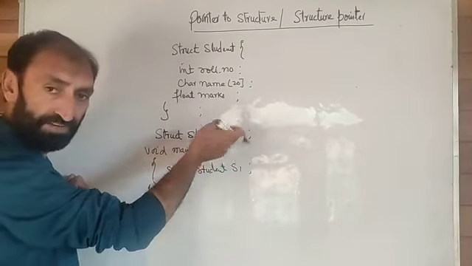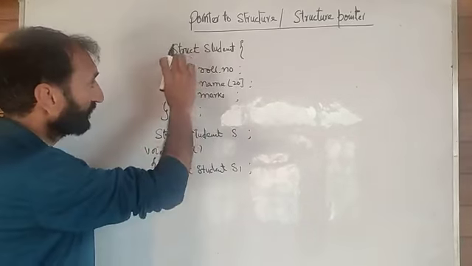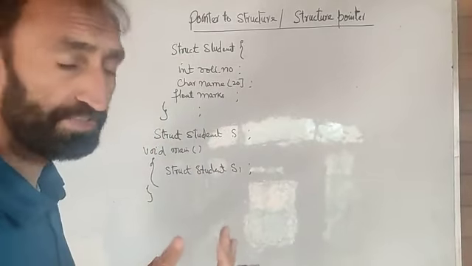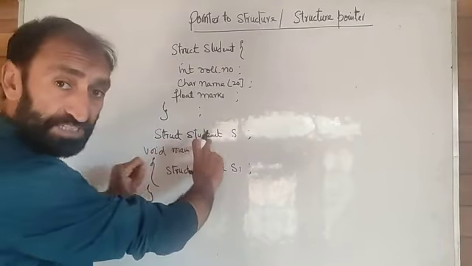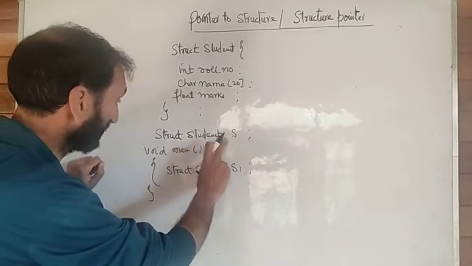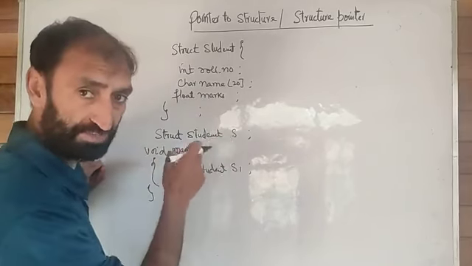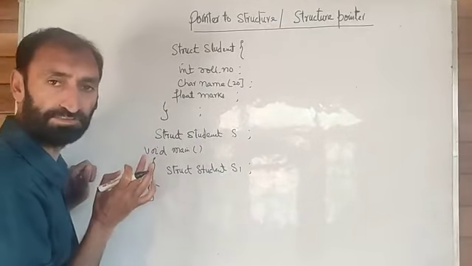That means S is the variable of data type struct student. As we know, struct student is a user-defined data type, the name of the structure. So S is the variable, or the object, of struct student type.